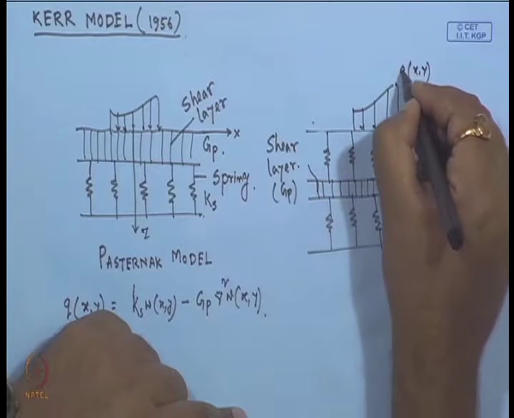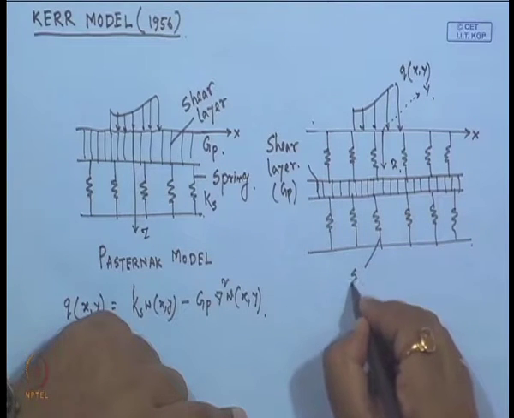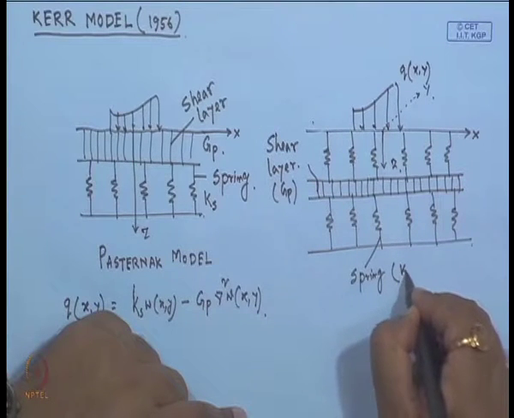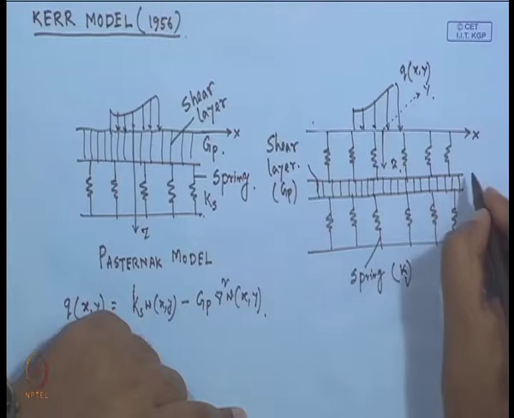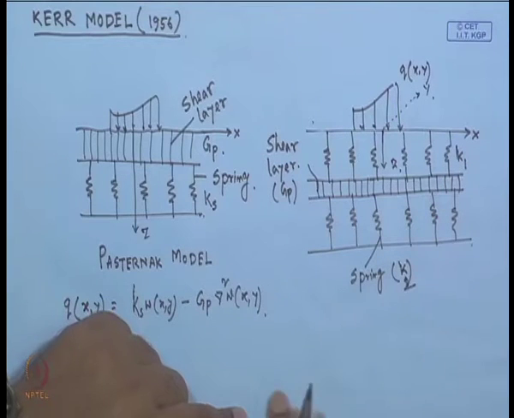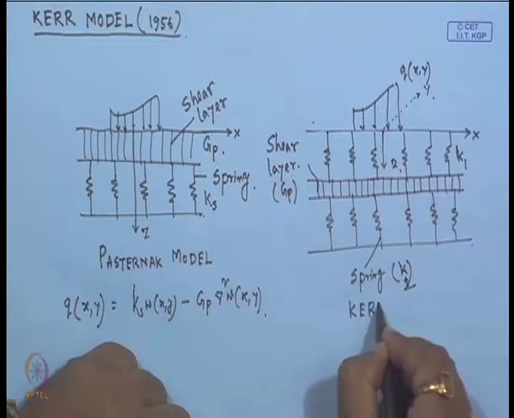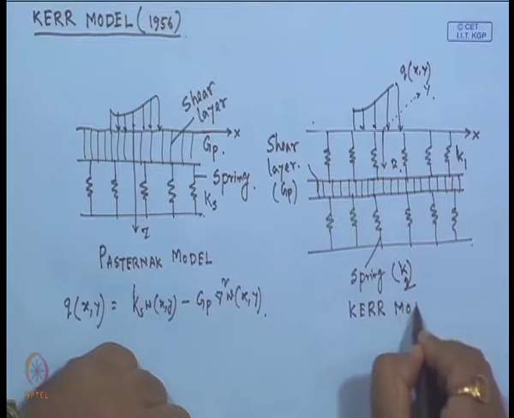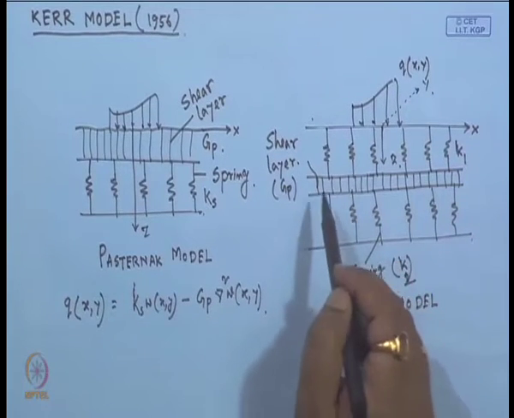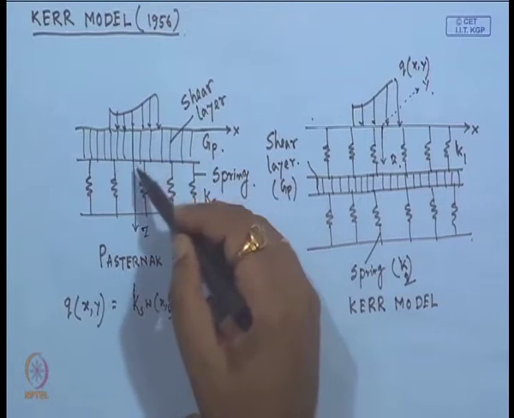Now, here we have springs with spring constants K1 and K2. So, this is proposed by Kerr, and this is the Kerr model. In both cases a shear layer is used, but in the first case, the Pasternak model, the shear layer is used on top of the springs to connect them.